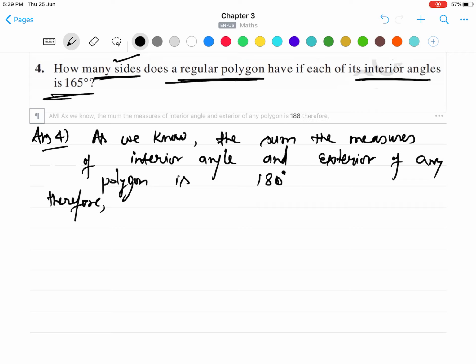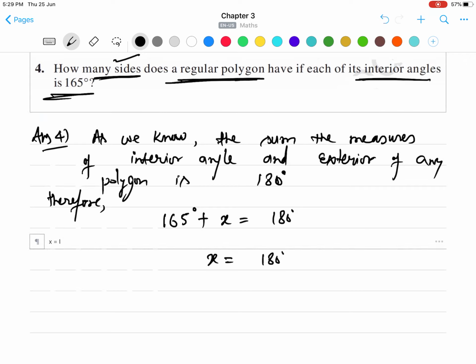So we are given the measure of the interior angle, which is 165 degrees, plus let's assume the exterior angle is x. So we have to write that 165 plus x is equal to 180 degrees. From here x will be equal to 180 degrees minus 165 degrees, and that answer will be 15 degrees.